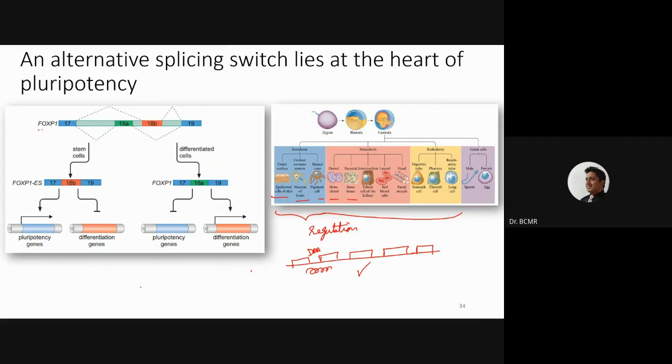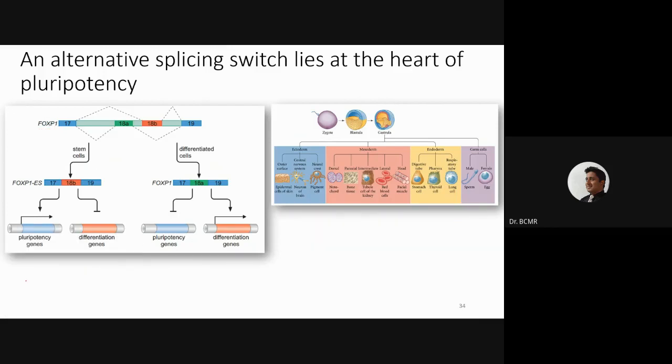Here is one of the proteins that regulates that. So if you have a cell, this is the zygote, and then it will form the blastula. In the blastula, there are two different types of cells. I will go a bit back so that I'll be able to explain properly.